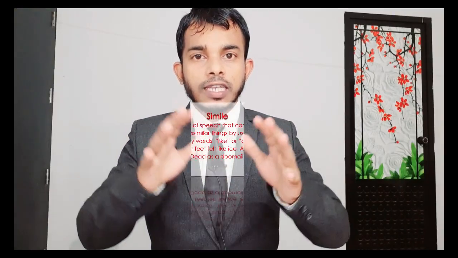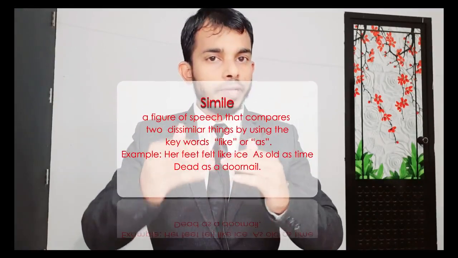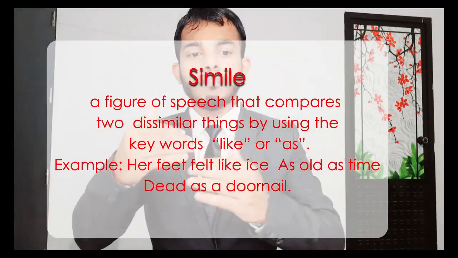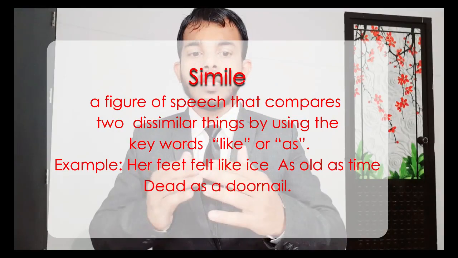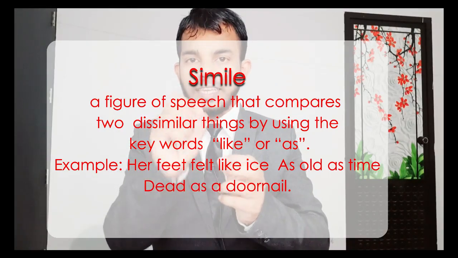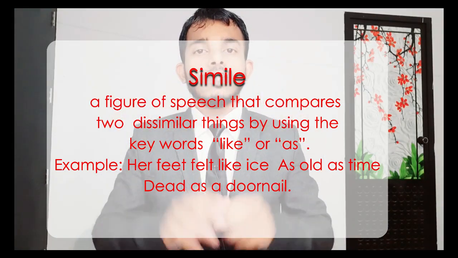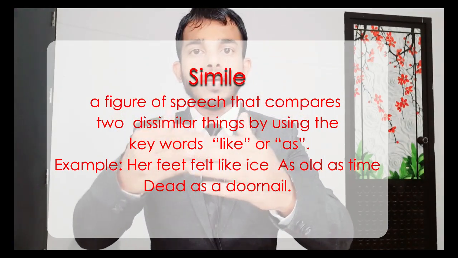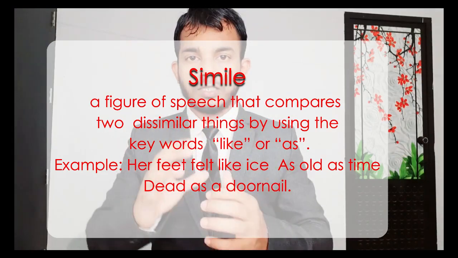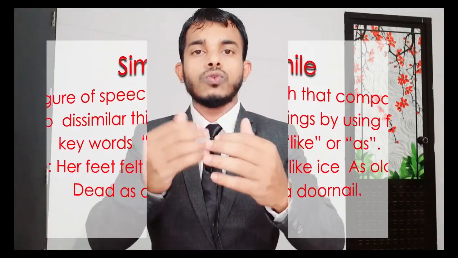It is simile. You might have learned it. What does simile mean? Simile is a figure of speech, a literary device that compares two dissimilar things, two entirely different things, using the keywords like or as.